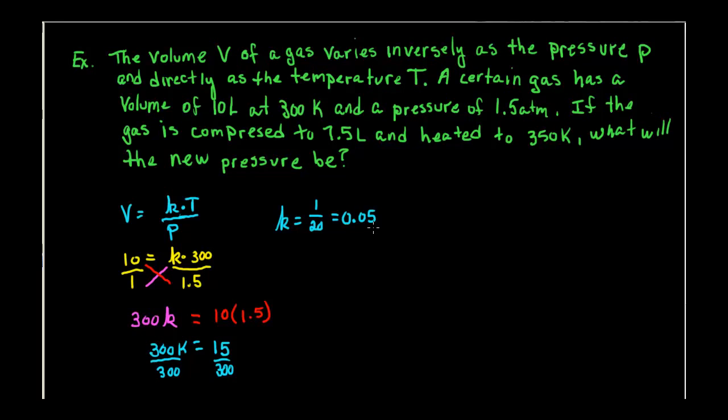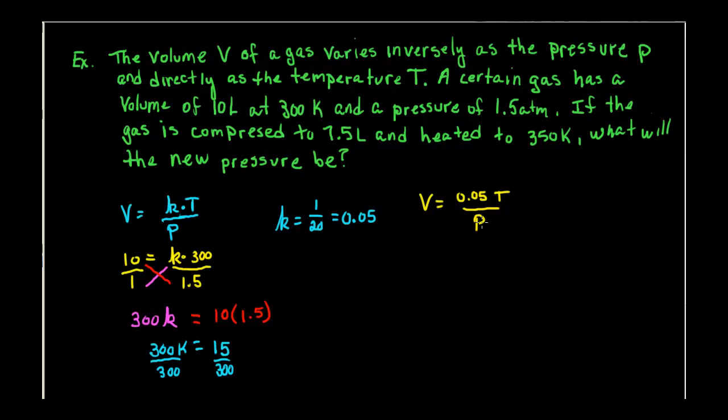Now that we have our constant K, we can come up with our equation of V equals 5/100ths times the temperature divided by the pressure.